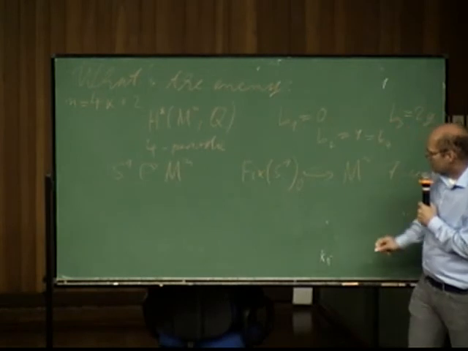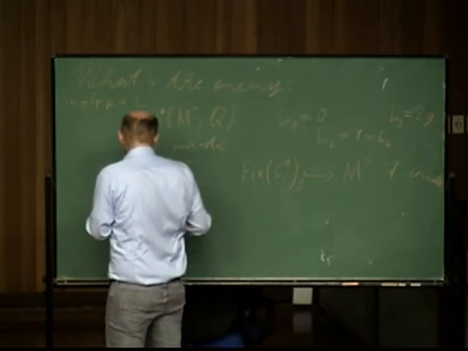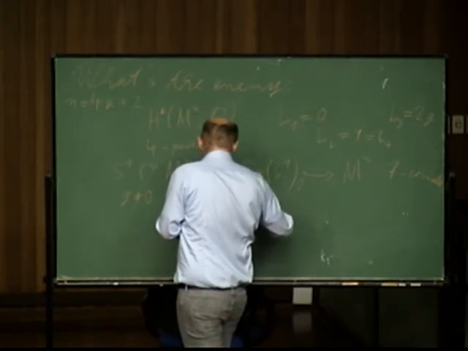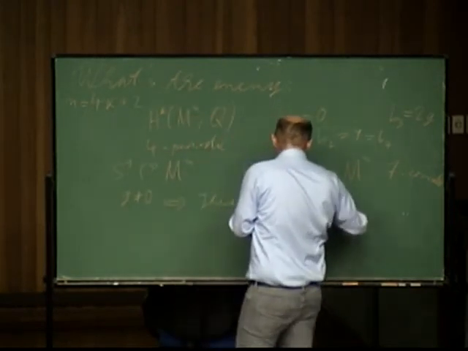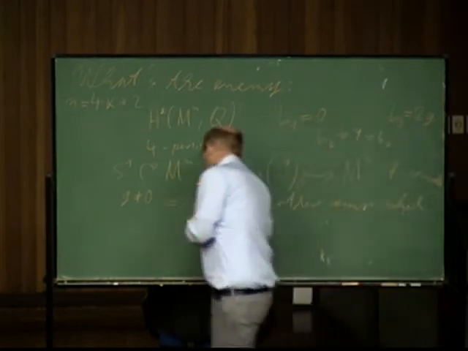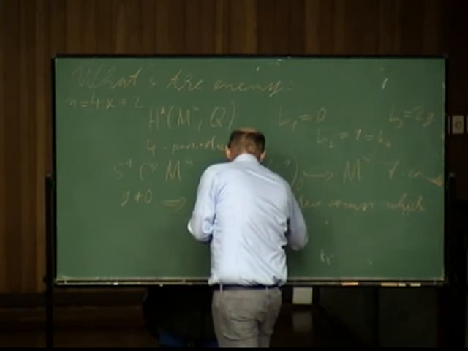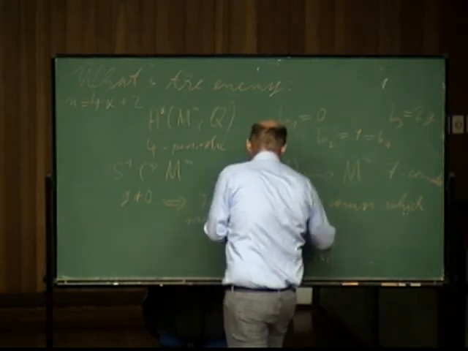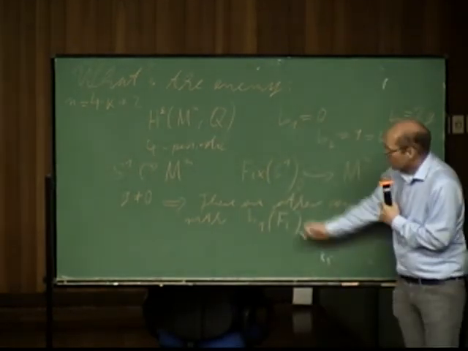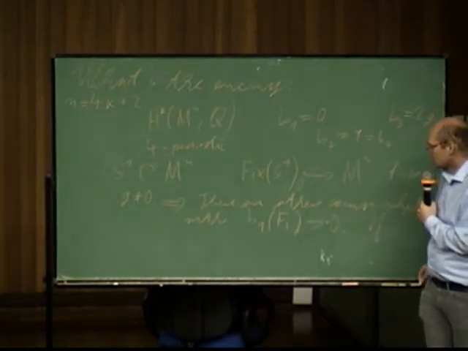And then you show, well, if G is not equal to 0, it implies there are other components which are not simply connected, with infinite pi 1, with B1 of Fi positive. And that's your contradiction, right? Because the other components are also even dimensional, and then you actually get your contradiction, right?